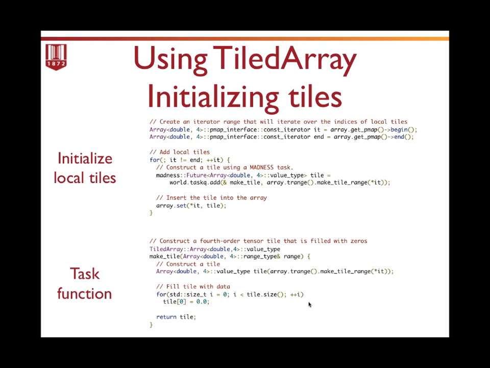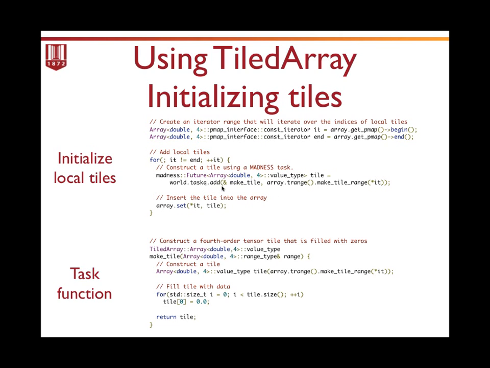So next, once we have our tiles or our arrays initialized, we want to fill it with data. So here we're going to create tasks to evaluate our individual tiles. So from the main thread, we would have an expression that looks like this. We call the madness task queue to create a task, and we call the task make tile. And then we're going to tell it what the dimensions are of that particular tile.